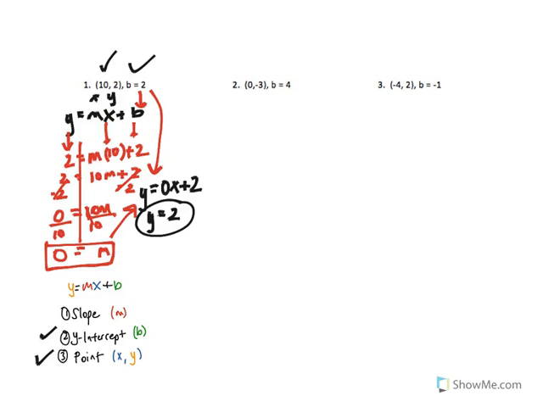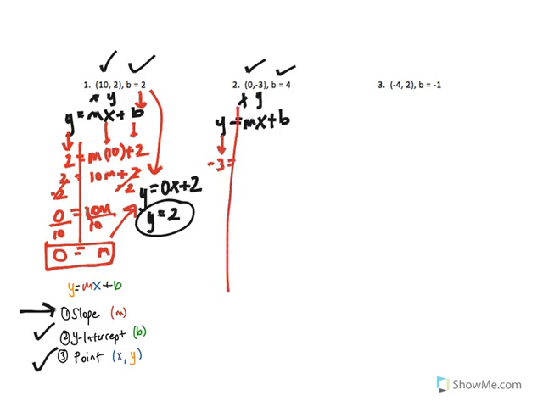Let's try this one. They give me a point on the line, and they give me the y-intercept. So I need to substitute in order to find the slope. So let's call this one x, this one y. I write the equation of my line, and I substitute. Y is negative 3. M, we don't know.